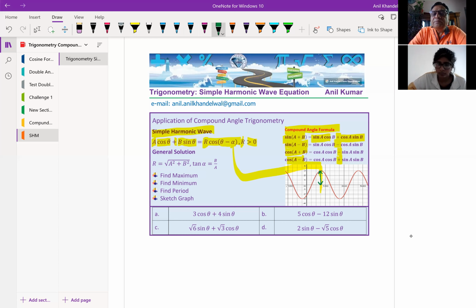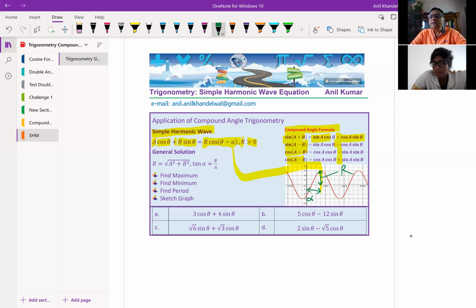This maximum gives you the value of R, and this value is alpha. Is this clear to you? Mm-hmm. The phase shift, right? So this is not infinity, this is alpha. Okay, so that is how they are related. And it looks like a sine wave, as you can see, sine or cosine, whatever.